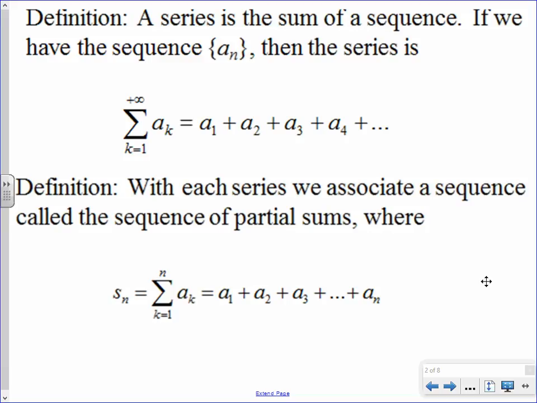So we're going to talk about different ways that an infinite series can converge to a value. Today we're going to talk about 3 separate kinds of tests to see whether an infinite series can converge or diverge.